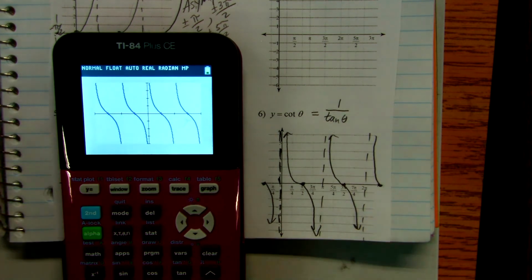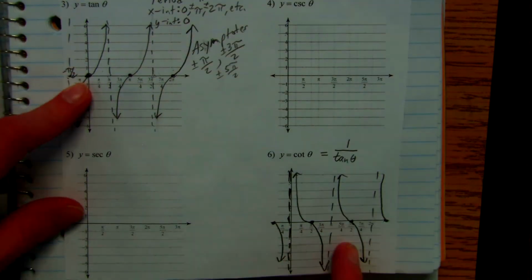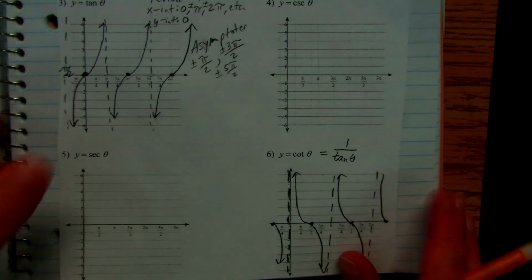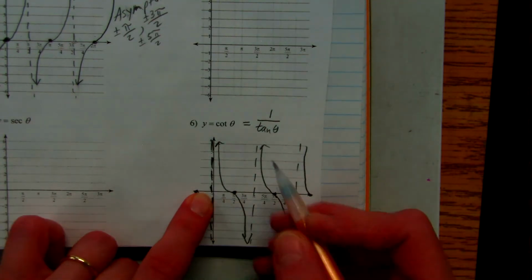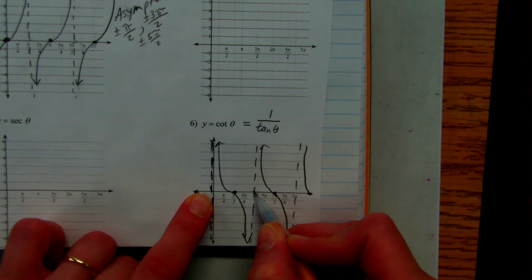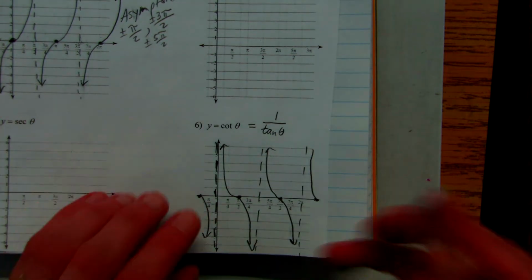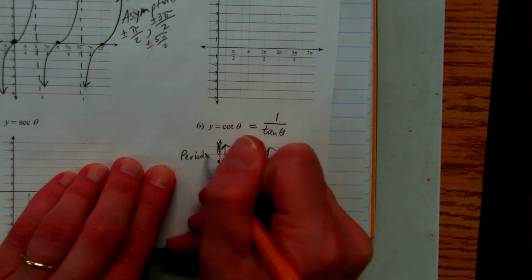It looks similar to what we did up here with tangent, but they are flipped, and their x-intercepts and the asymptotes are in different places. But this one's really easy to see. I've got an asymptote at 0 and an asymptote at pi. So my period for this one is going to be pi. I'm just going to write period equals pi.